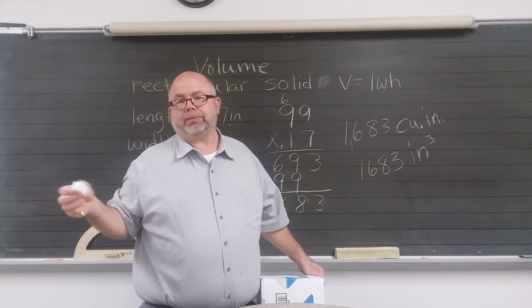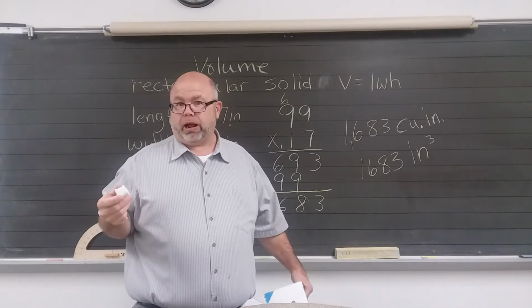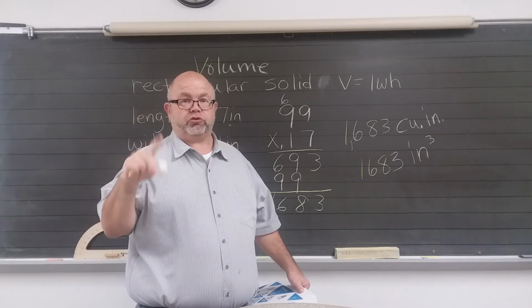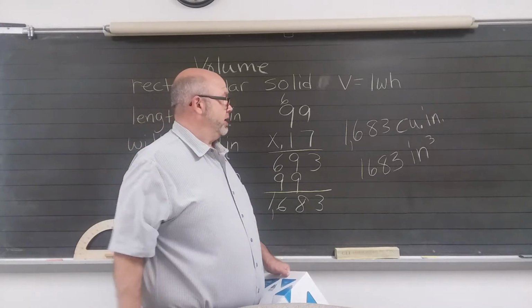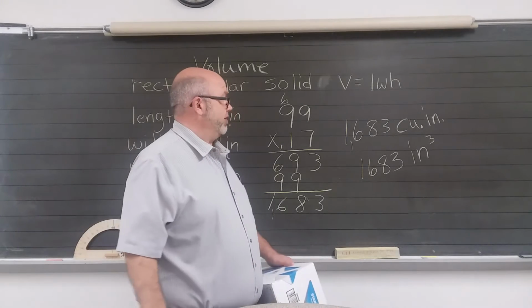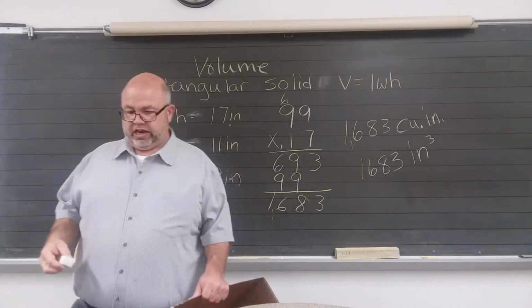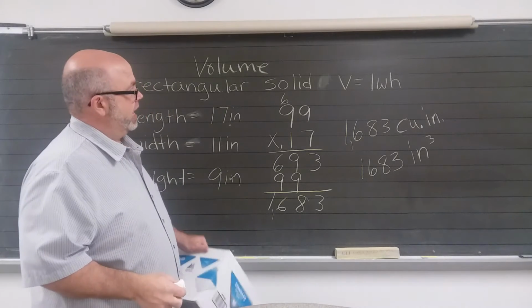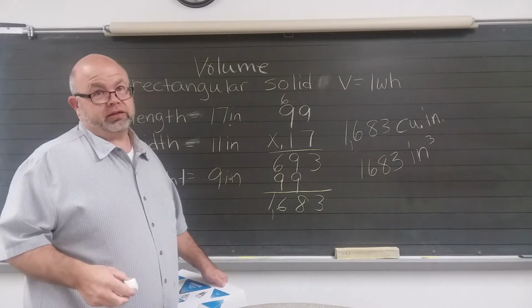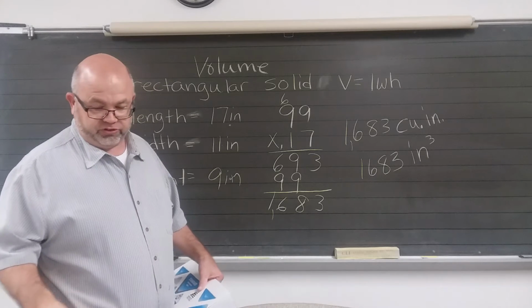Sometimes you'll have area problems, sometimes you'll have volume problems, sometimes you'll have perimeter problems, right? Area is always squared, volume is always cubed, perimeter is just distance out around, so it's inches or whatever the label is. Okay, so that is volume in a nutshell. It's not complicated, okay? Length times width times height. So it's not that difficult. Just check your math, make sure your math is okay.